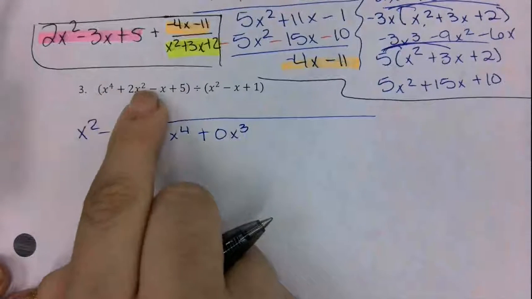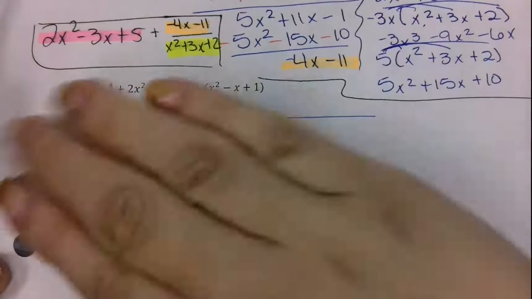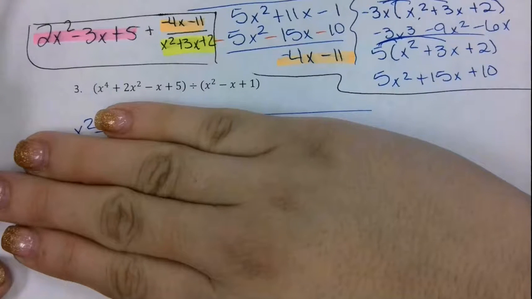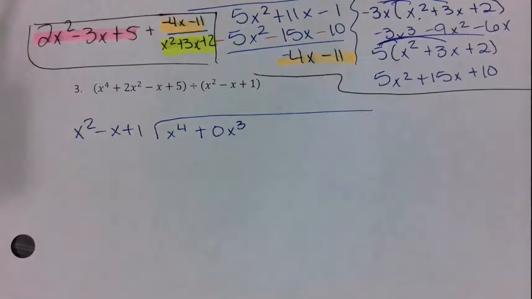Because I went from 4 to 2, I need to put a placeholder for 3. So, up here, look at my exponents on the first thing. It goes from exponent of 4 to exponent of 2. I need to have all of my exponents counting down. So I'm missing the one with the 3. That's where I put the 0.